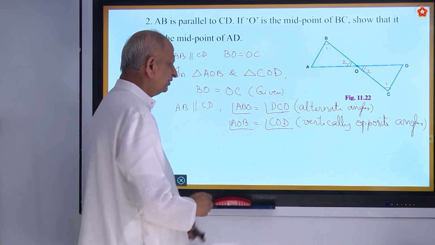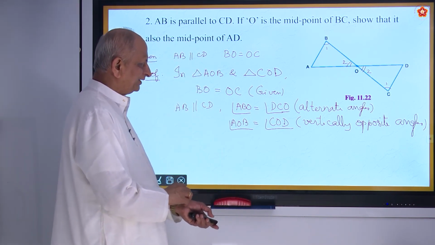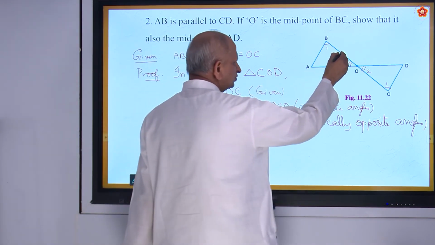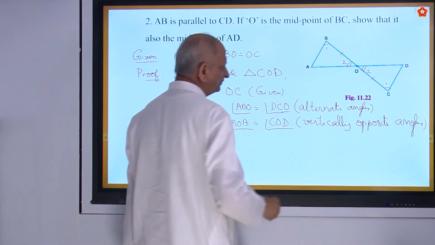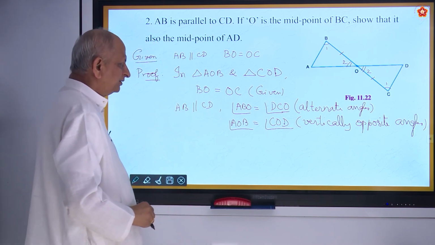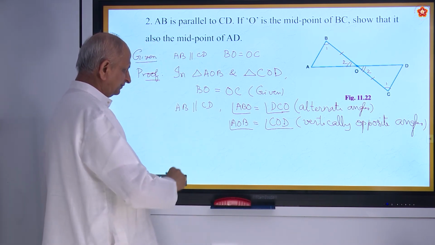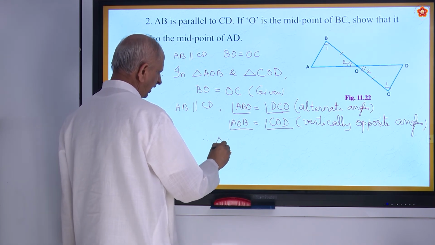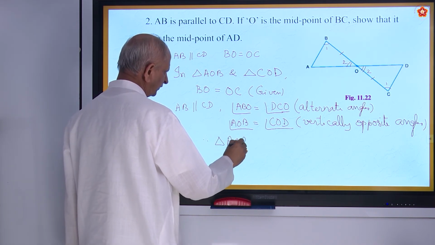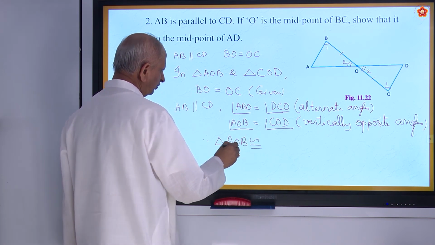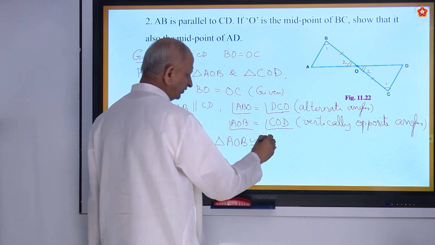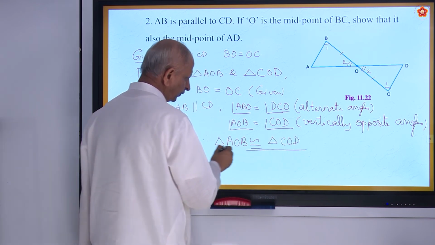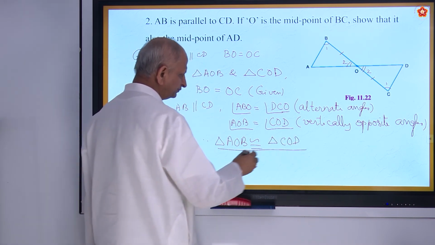So, you see, one side and two angles of one triangle are equal to the corresponding side and corresponding angles of the other, and therefore you can write triangle AOB is congruent to triangle COD. By which axiom?